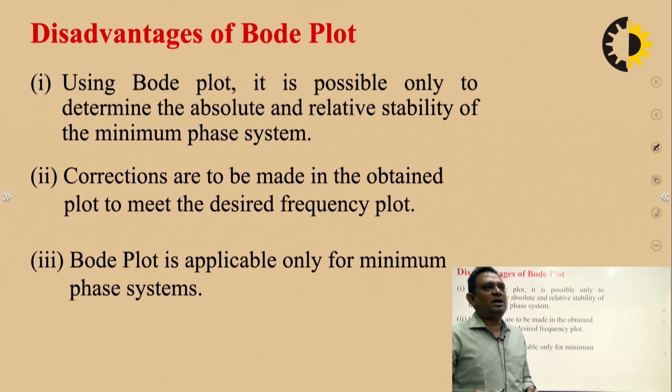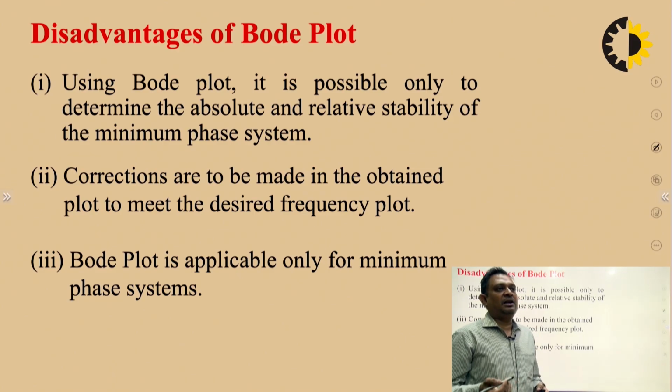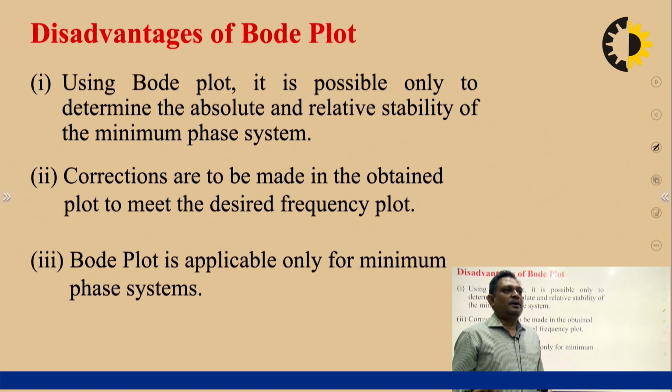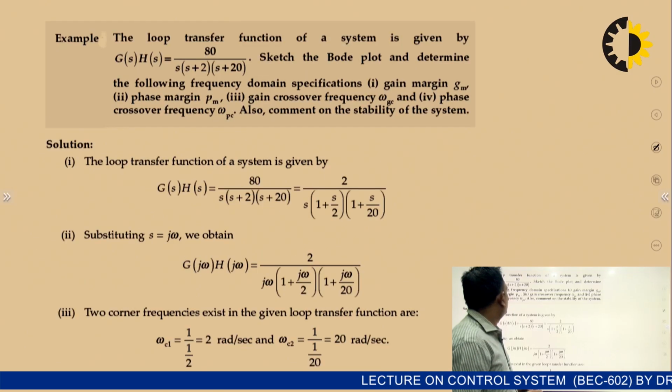But we know there are some errors at corner frequencies, which in case of a single pole or zero is plus minus 3 dB, and in case of a double pole or zero, it is plus minus 6 dB correction. So we can easily make these corrections to convert the asymptotic Bode plot into the exact Bode plot.